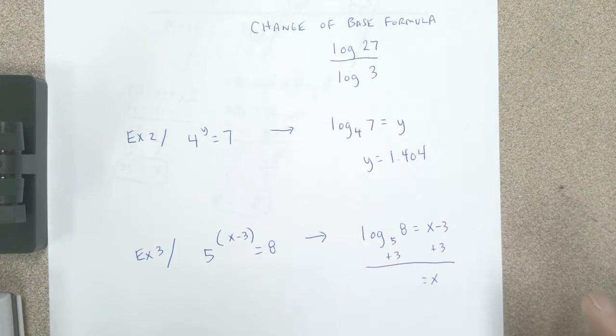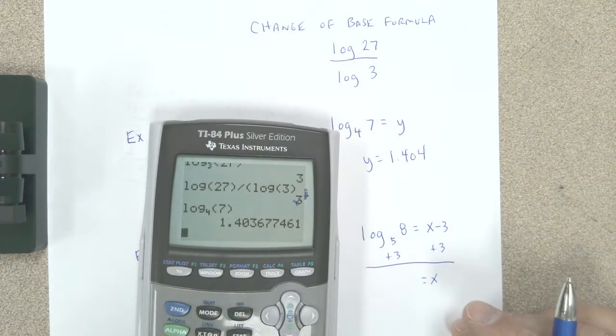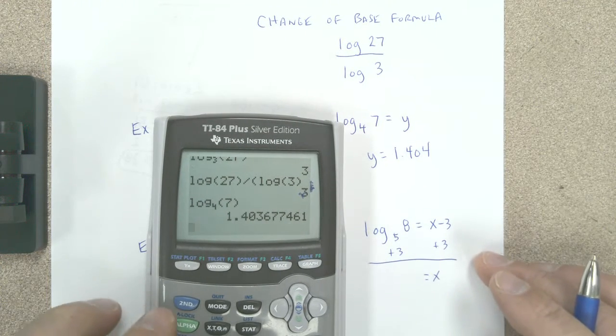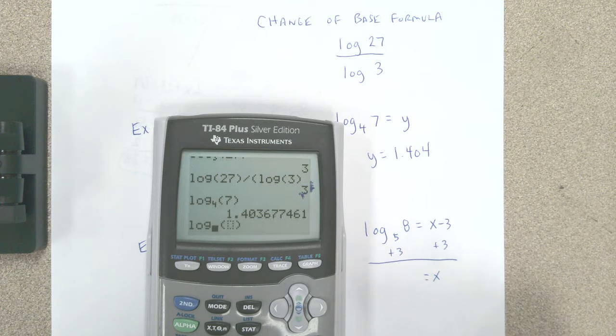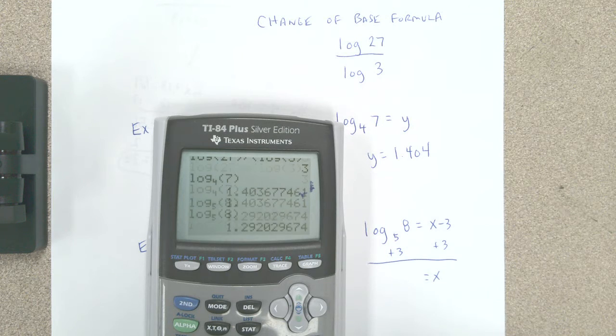So let's go ahead and put that into the calculator. If we go again, alpha F2 5, I'm going to type in log base 5 of 8. I'm going to hit enter. It gives me 1.29. Then I'm going to add 3 to that.